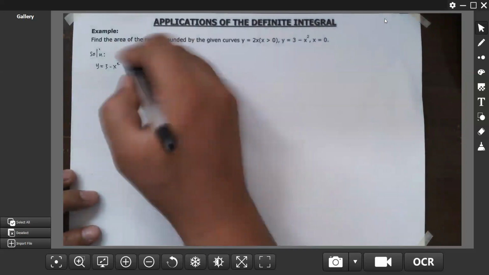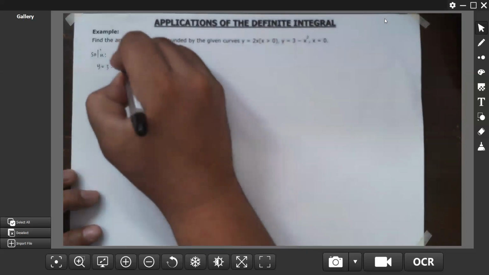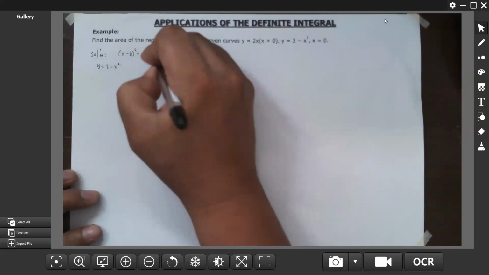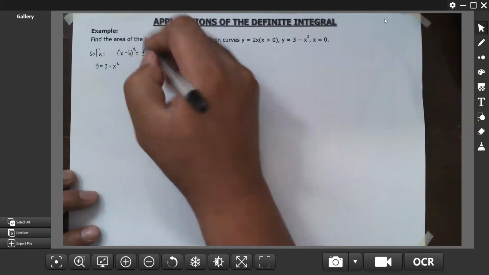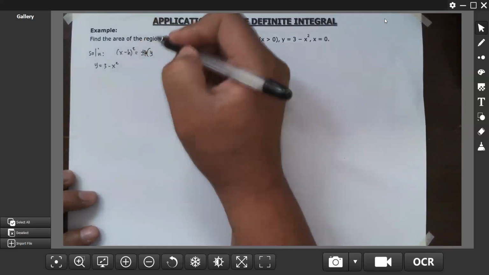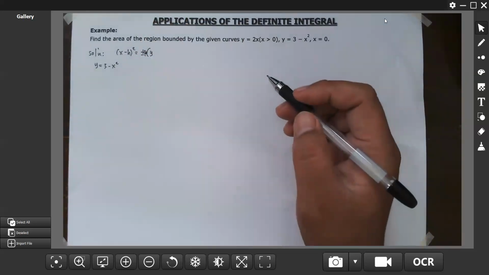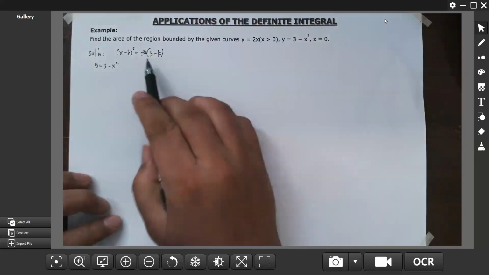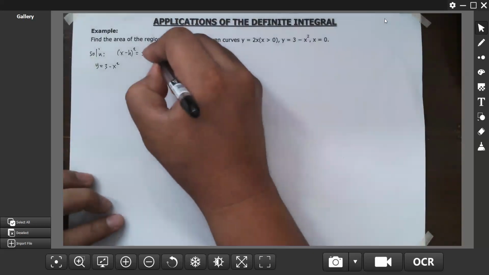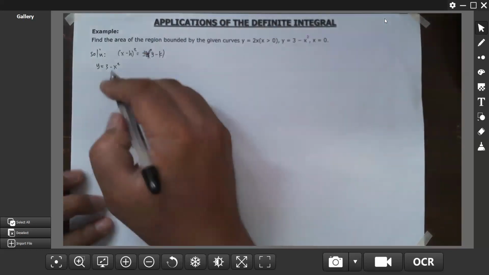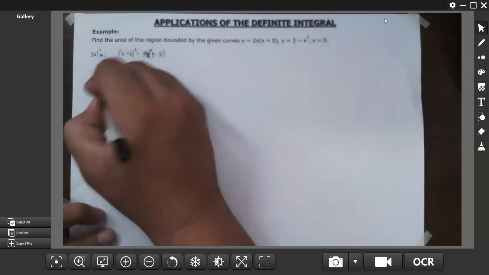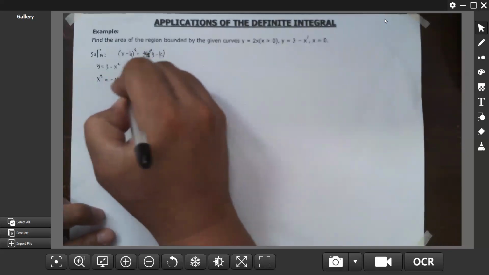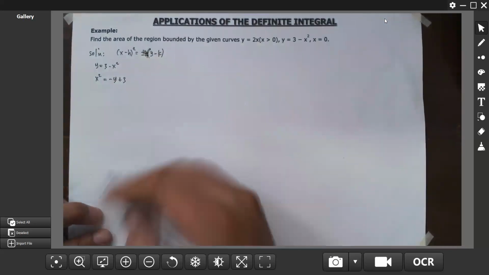Again, our standard form, pag x squared is x minus h squared equals plus or minus 4a, y minus k. 4a is the length of the latus rectum. So, we transpose x squared and then transpose y, you have negative y plus 3.